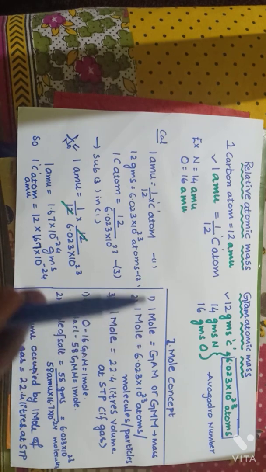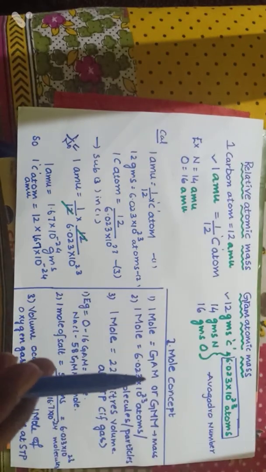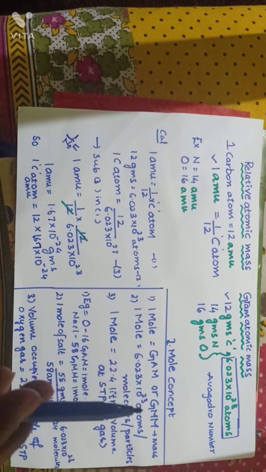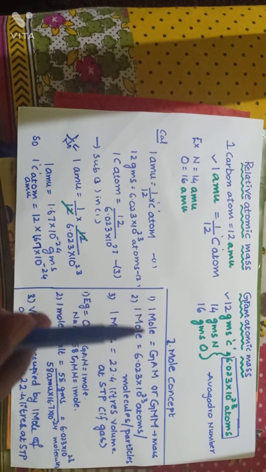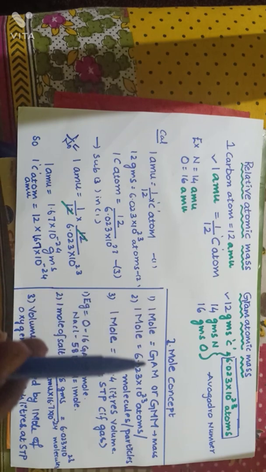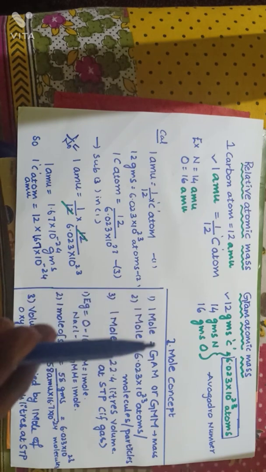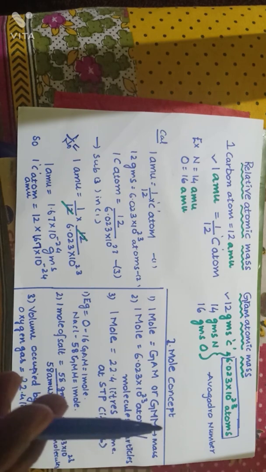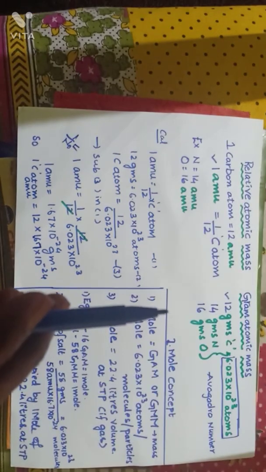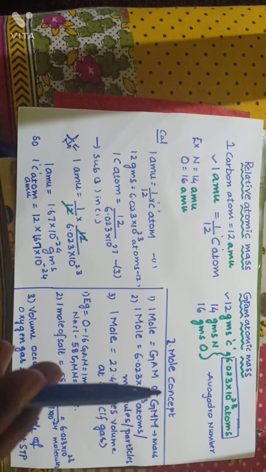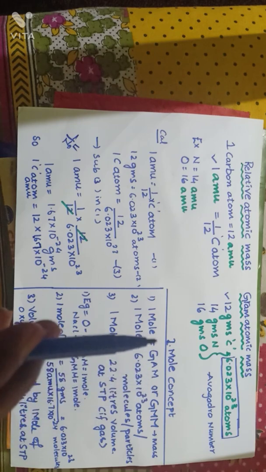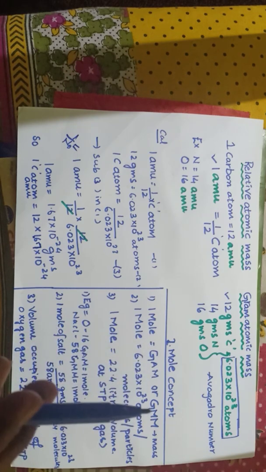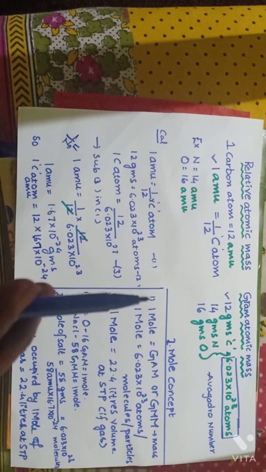So 1 mole is equal to gram atomic mass or gram molecular mass. Gram atomic mass is the mass of an atom: for carbon 12, for oxygen 16, for nitrogen 14. Gram molecular mass, for NaCl, which is a molecule, is 58 grams.